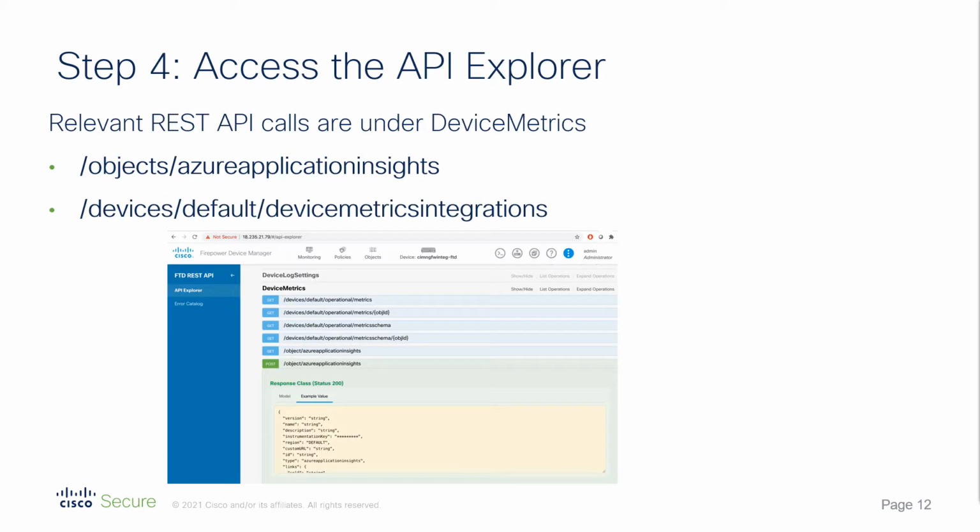You then open the API Explorer and you go to the Device Metrics section. There will be two particular items there. One's called Azure Application Insights and the other is called Device Metric Integrations. You will have to make two API calls to configure this feature.